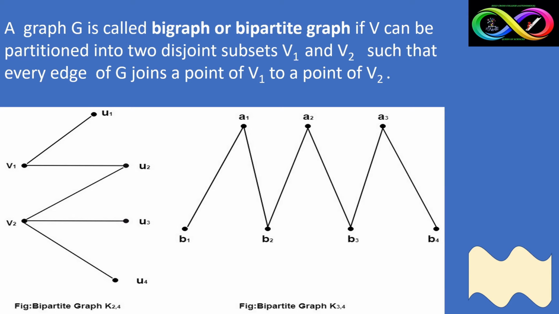Let us keep this as the V1 set. And B1, B2, B3, B4. Let's take this as the V2 set. So now you take any edge here and you can see it has one end in V1 and another end in V2. This is what we call a bipartite graph.